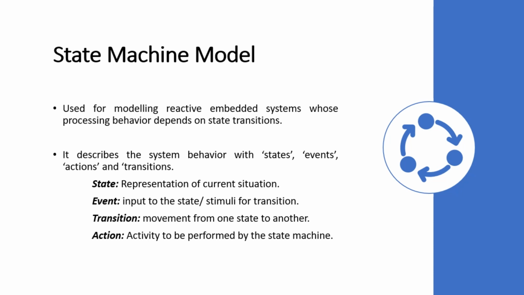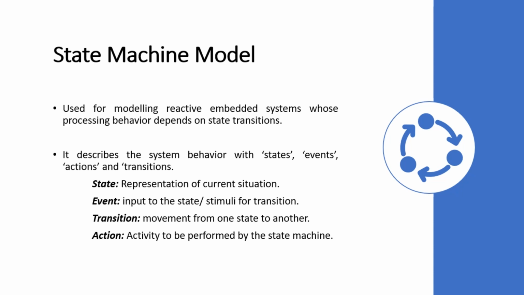If you can understand these four parameters of the state machine model, it's very easy to visually model a state machine from the requirements. Usually in industrial applications, the requirements will be given in long English sentences.